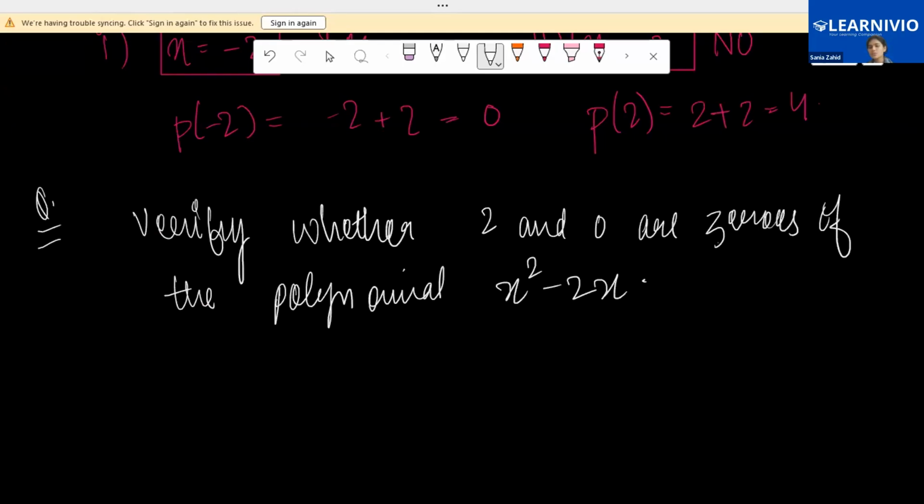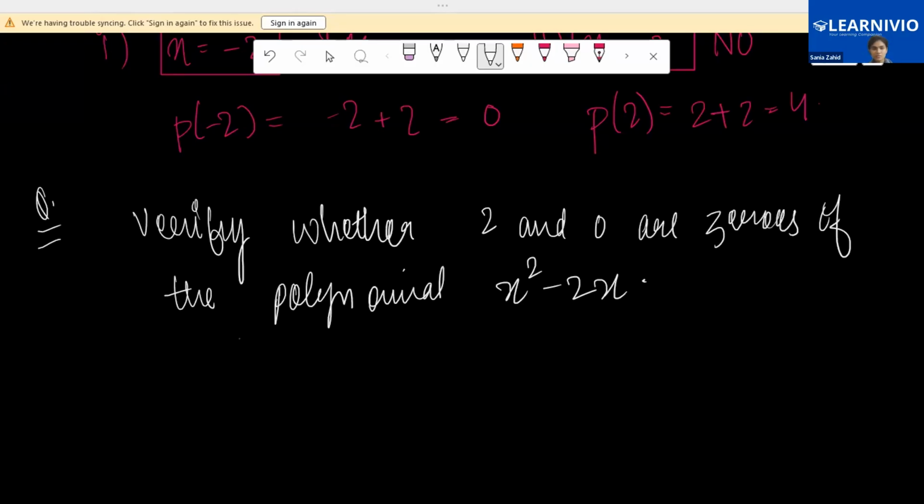First put x is equal to 2 and then put x is equal to 0. So quickly do this. Done, ma'am.